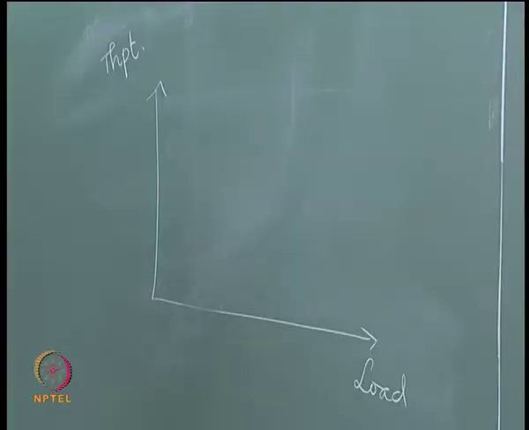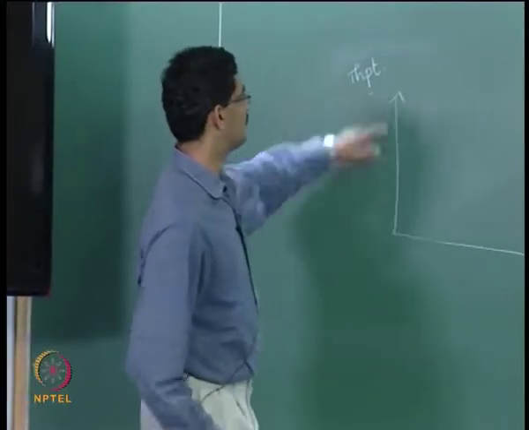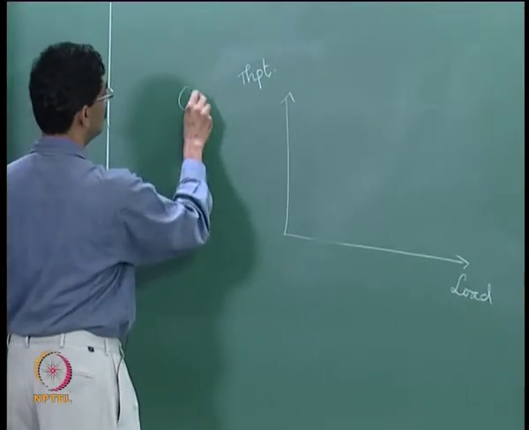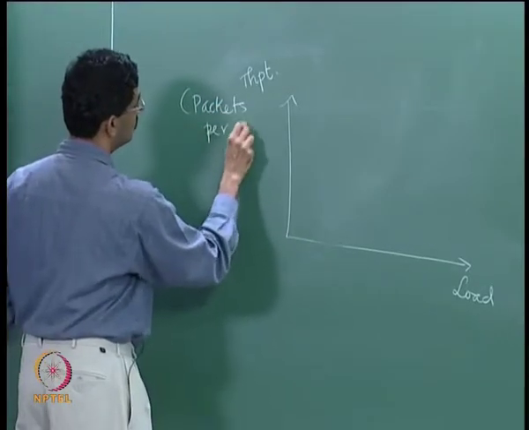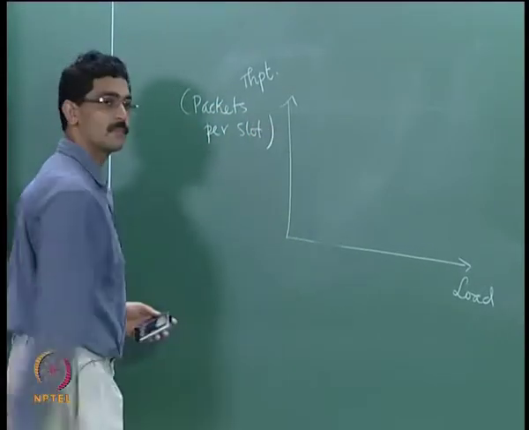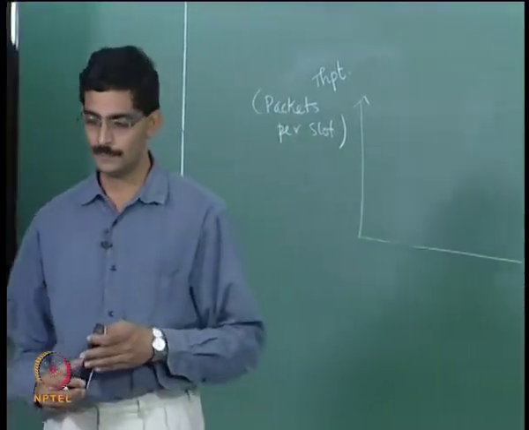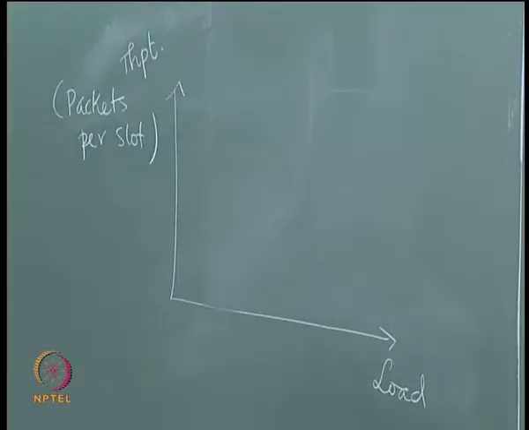Okay. So in Aloha if I have only one packet, maximum I can send one packet per slot, right, so this is throughput in terms of number of packets per slot. So throughput will be proportional to load.